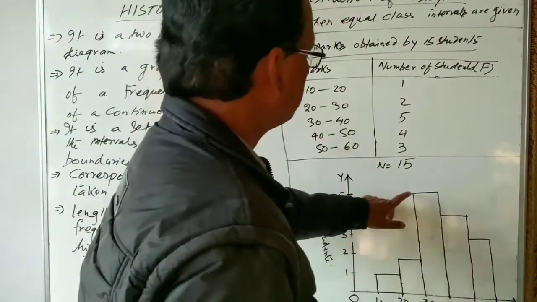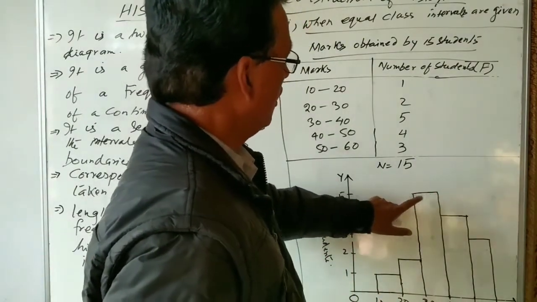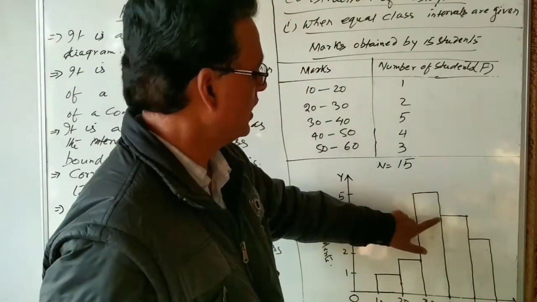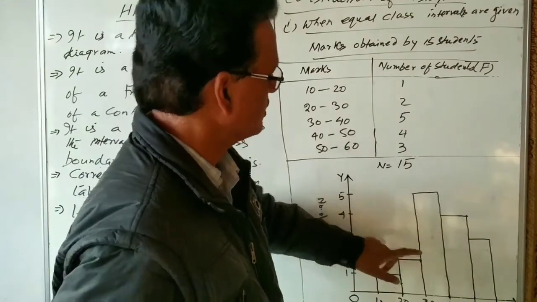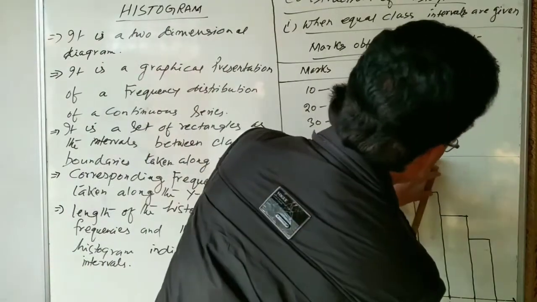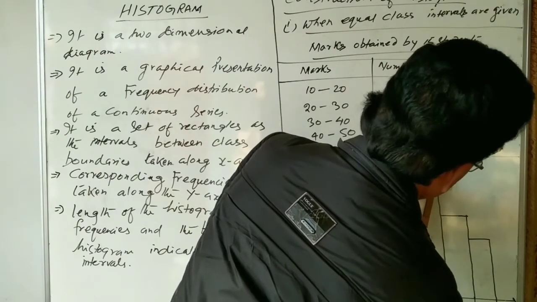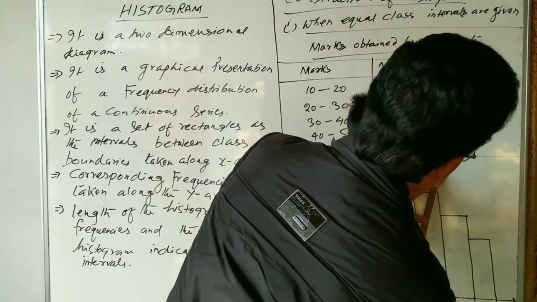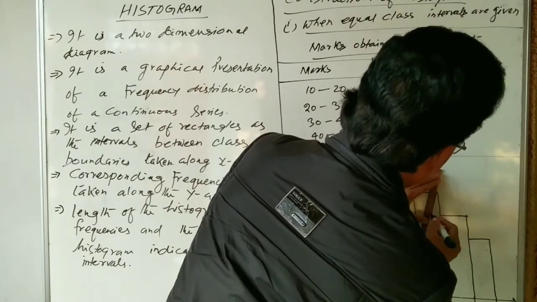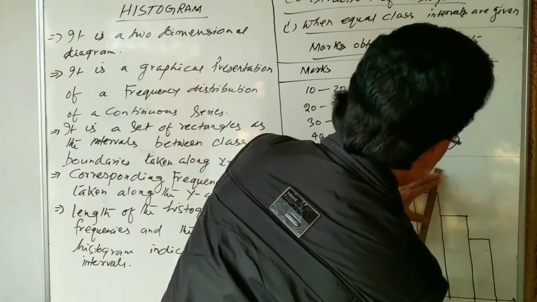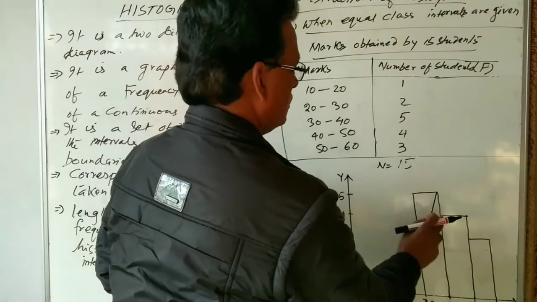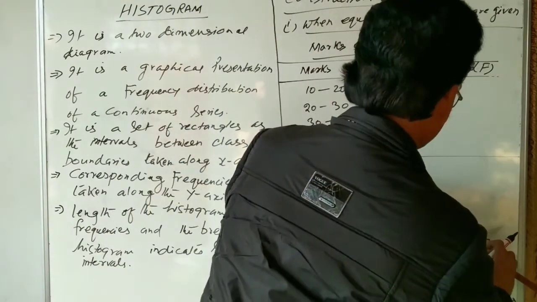So from this point and from this point we can join this point, and from this point we can join this point. We have joined this point, and from this corner to this point we can join.